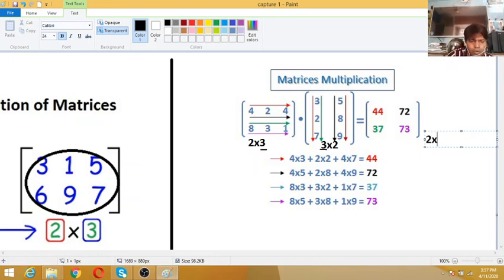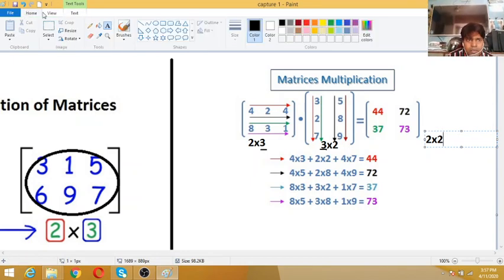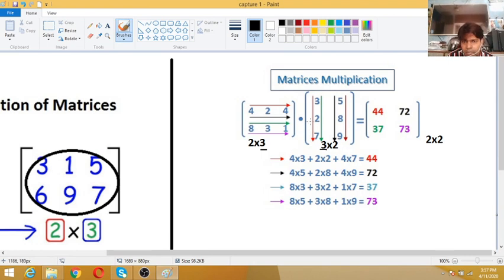You can also think this way: when two matrices are multiplied, the resultant matrix so formed will have an order where the number of rows will be 2, as you can see here, and the number of columns will be this 2.